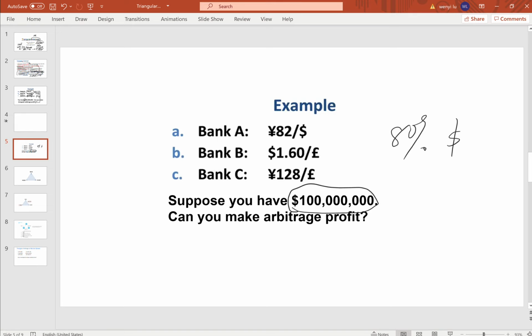So in your pocket initially, it's not yen, but should be the dollars. Now we can change our question to get new calculations. So suppose you have $100 million now. Can you make an arbitrage profit? We will follow his steps, but let me give you a shortcut.